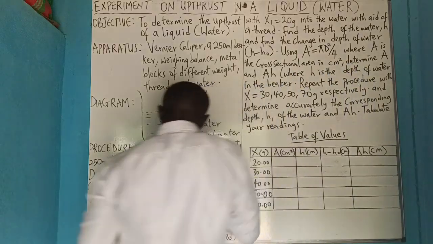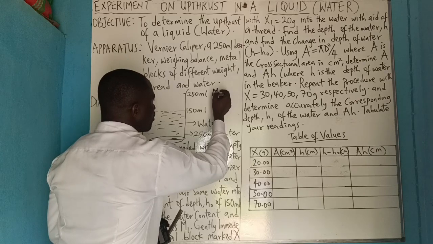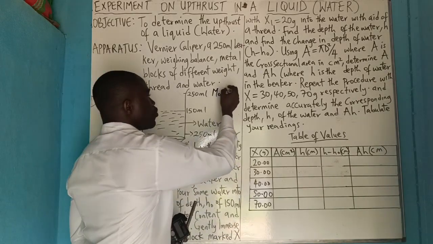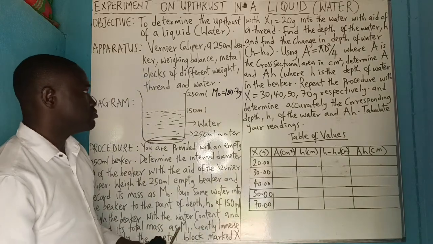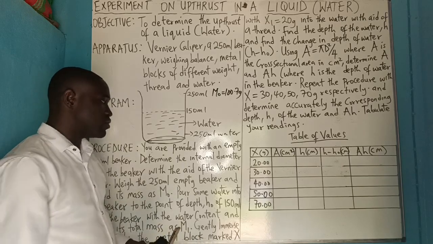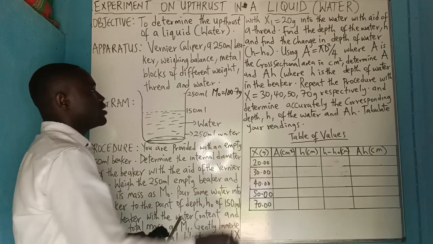So when you take your weighing balance, get the weight of the 250 ml beaker. As I check my own, I got 100.7 grams. So you check your own and see what it will give you. Actually, this should be taken as the mass. I got the mass.